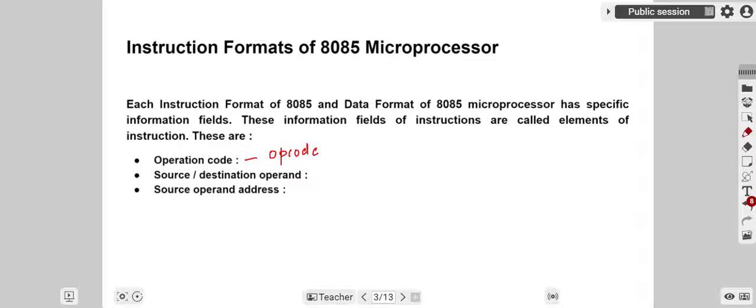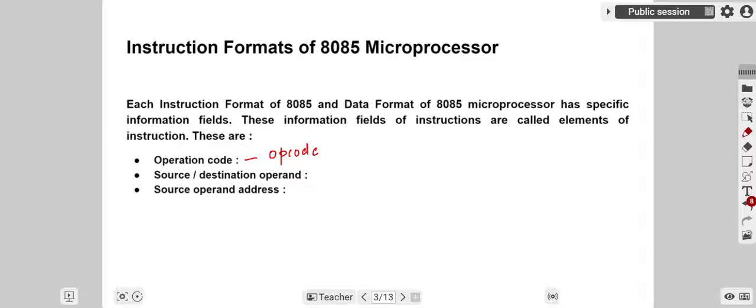This operation code field in the instruction specifies the operation or action to be performed. In general, the operation is specified by a binary code. Hence, the name operation code, or simply opcode. Code means it has been coded in some language. It is coded in binary language. That's why it is named opcode.